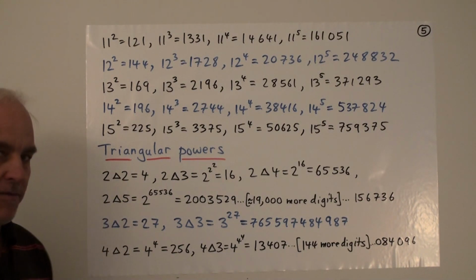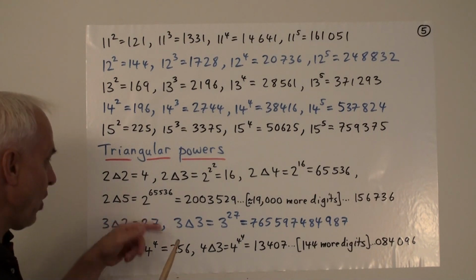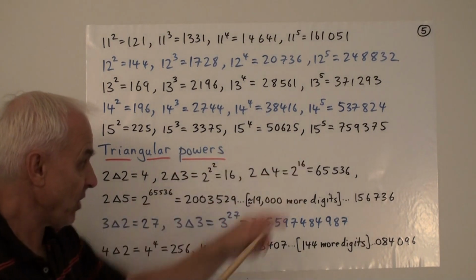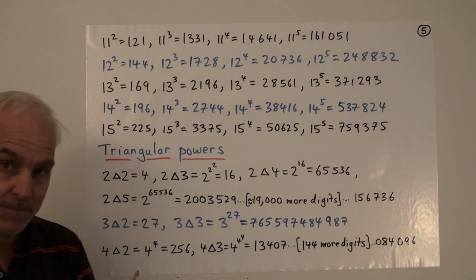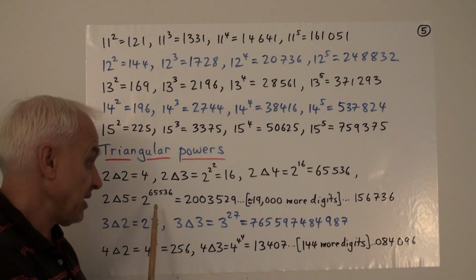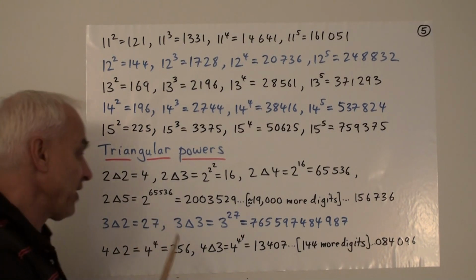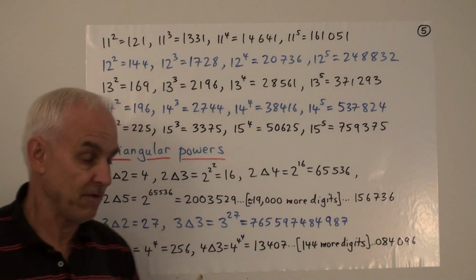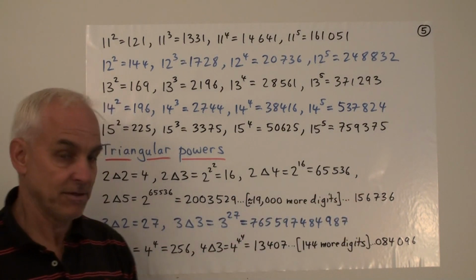2 triangle 5. Well, at each stage, we are taking 2 to the previous one. So this would be 2 to the 65,536. This is getting to be a biggish number. It's not so big that my computer can't calculate it. In fact, my computer calculates it, spits it out in less than a second.